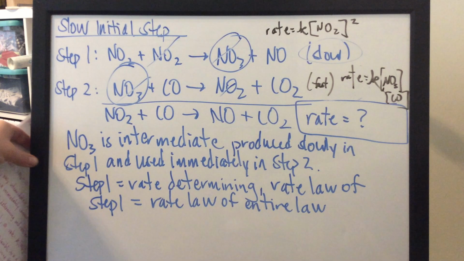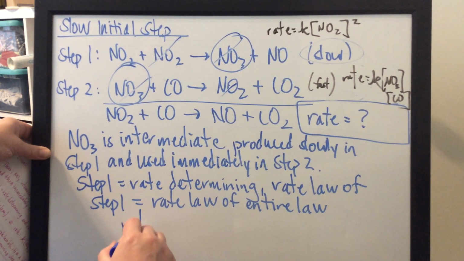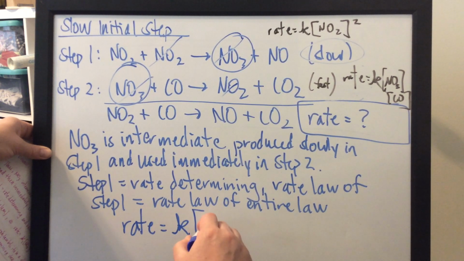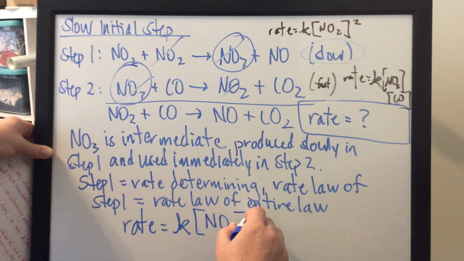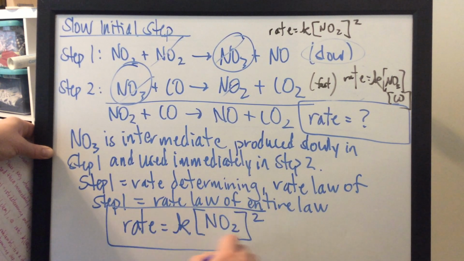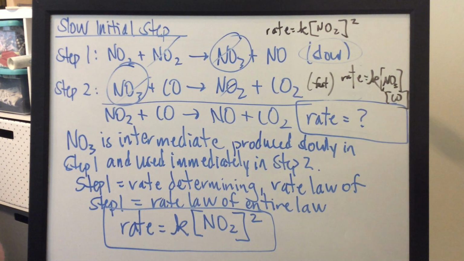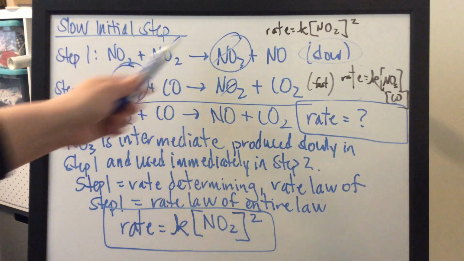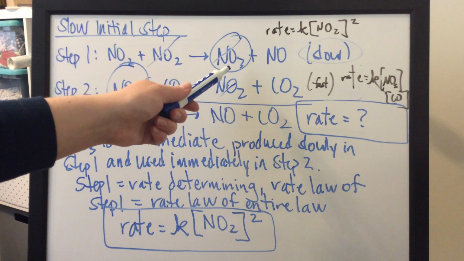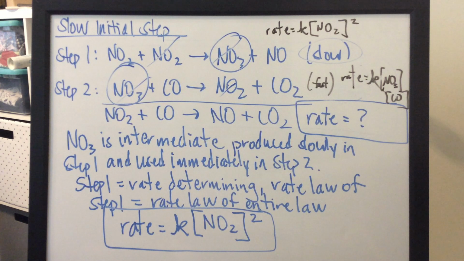So the rate law of my entire reaction is going to be equal to the rate law for my first step, because it's the slow step, and it is affecting how fast the rate is going to occur for this overall reaction. Okay, so we're kind of dependent upon how quickly the NO3 is produced in the first step and then used up in the second step. So it's step one that's slowing us down, and the whole mechanism is going to have a rate law consistent with the rate law of the slow step, which is going to be this.